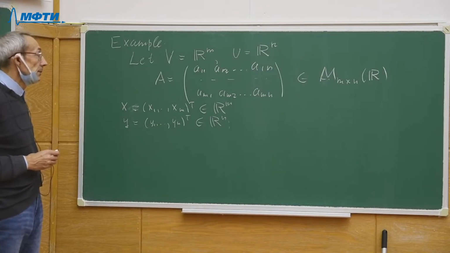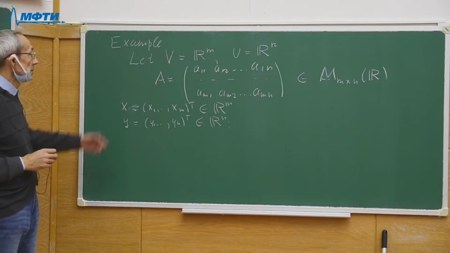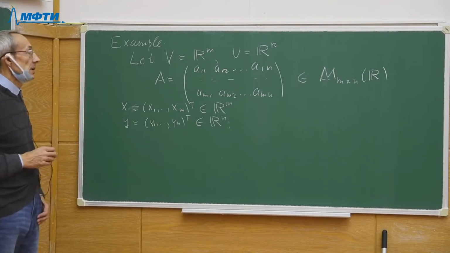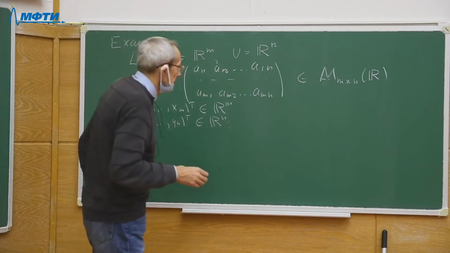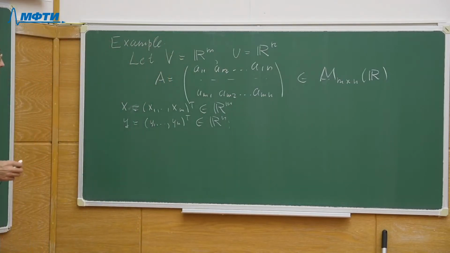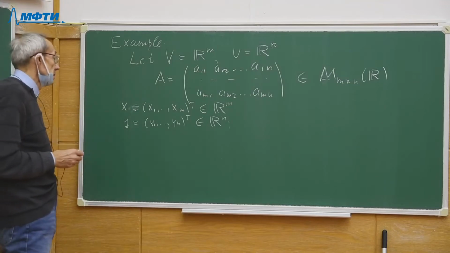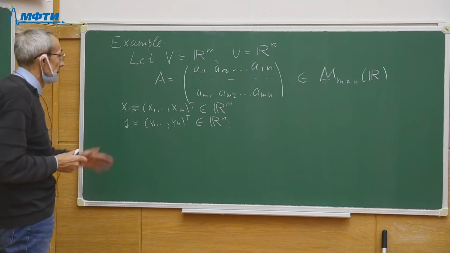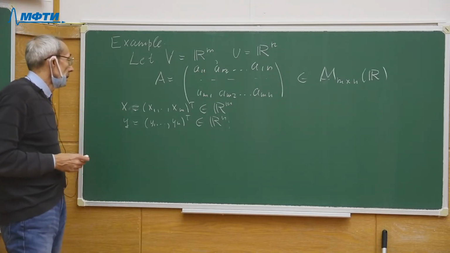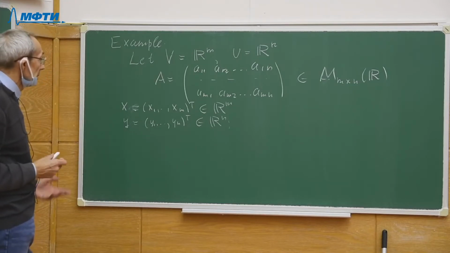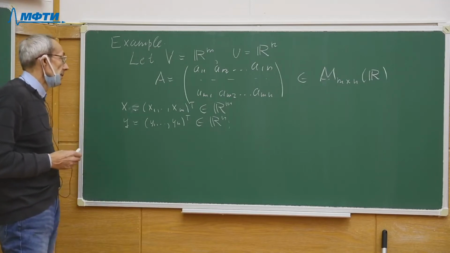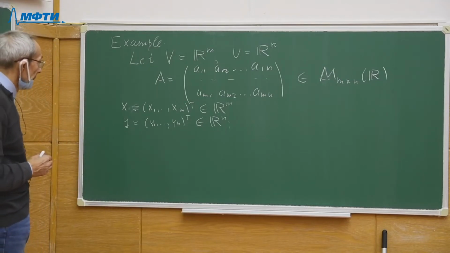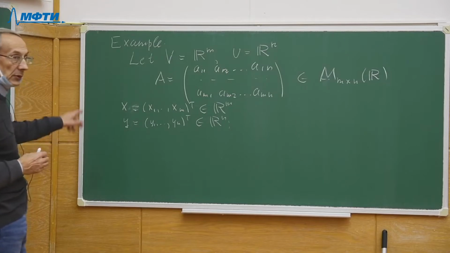As a rule, the elements of a vector space are presented as column vectors, but we can also present them as row vectors. This presentation is used as a rule in many books, and we will follow it.